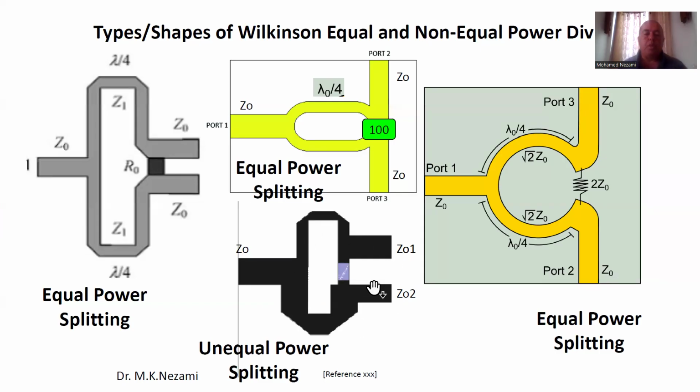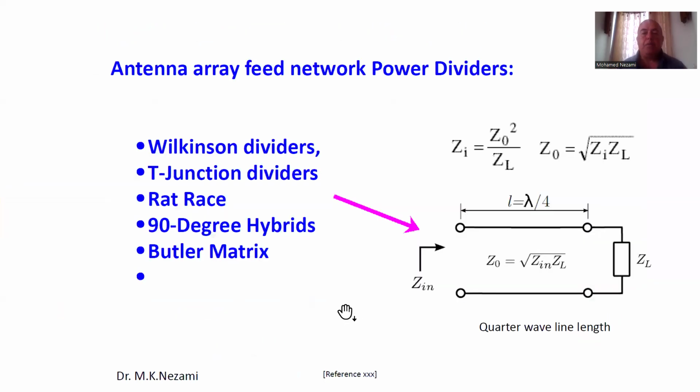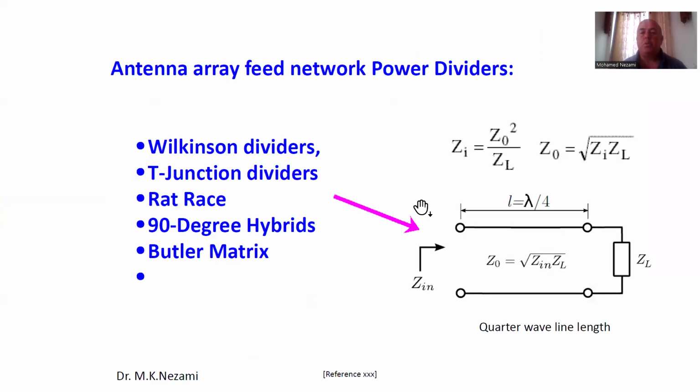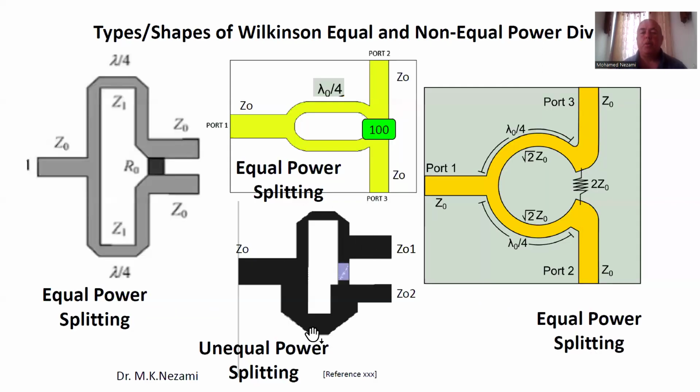So once you do that, that means if you were to implement this array using Wilkinson dividers, each one of these dividers is going to be uniquely different, depending on the polynomial coefficients that you're tapering the aperture with.